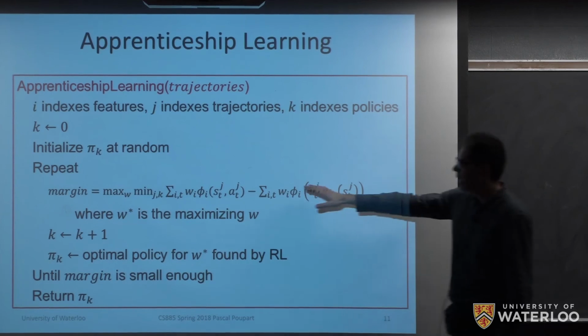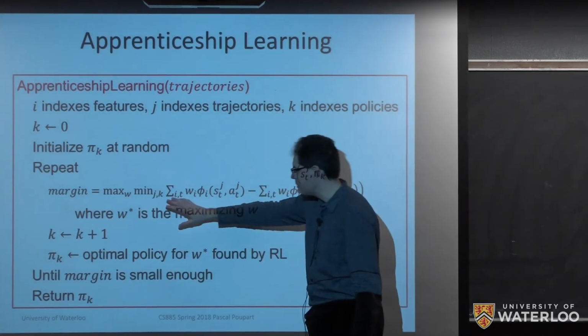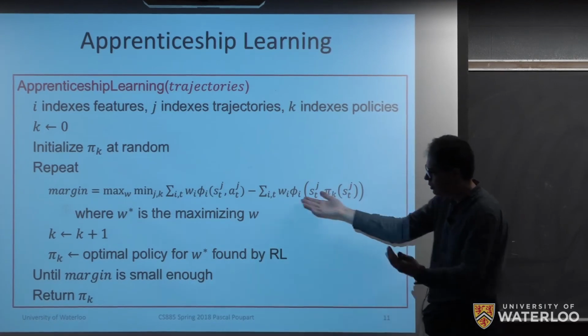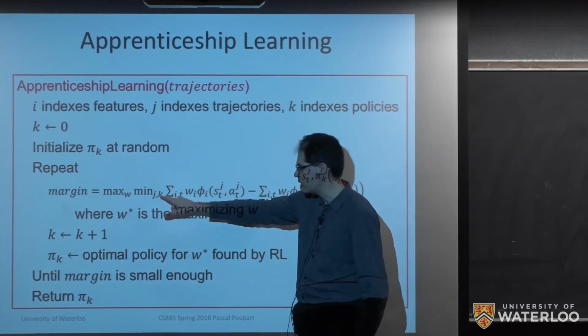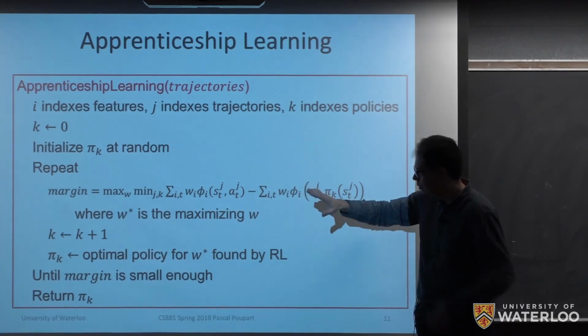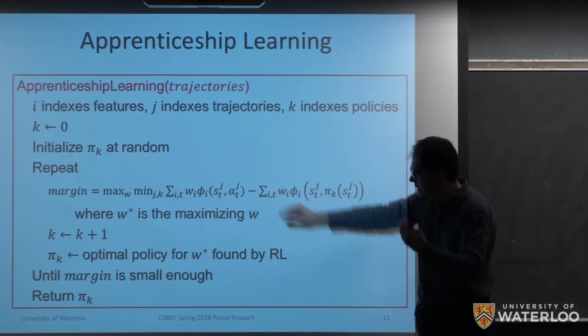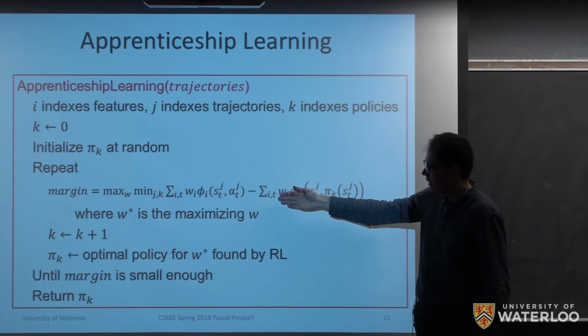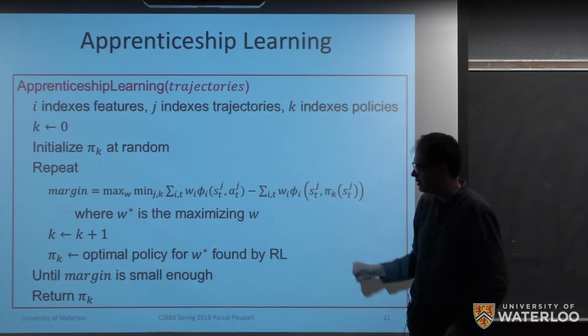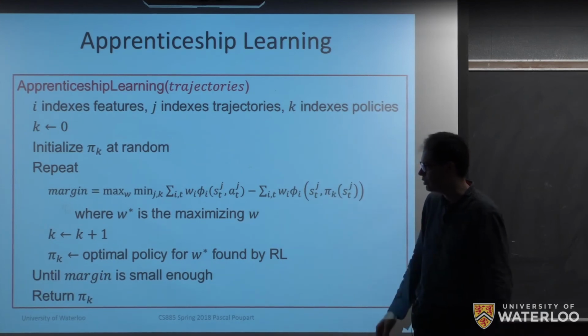Okay? So now I simply want to maximize the minimum difference. Here the minimum is with respect to the different trajectories as well as the different policies. So I simply want to come up with weights that would maximize this difference. And then I will return those weights as my new reward function.